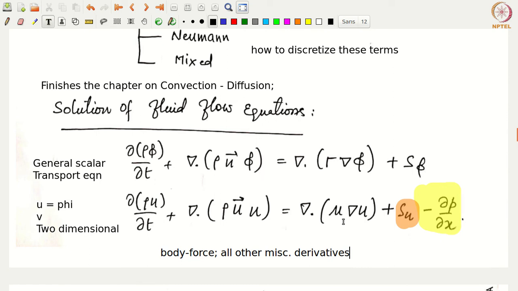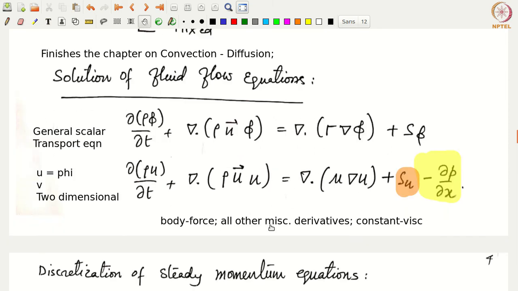Now we know that if we assume a constant viscosity and assume the flow to be incompressible, then Su will have only the body force component, because every other term, the miscellaneous derivatives of velocity gradients, would all go to zero because of the conservation of mass equation. Anyway, those will not cause an issue in terms of the solution algorithm, whether we have constant viscosity or not. We can still go ahead with the calculation of the source term by incorporating both the body force and all of the miscellaneous velocity gradient terms.